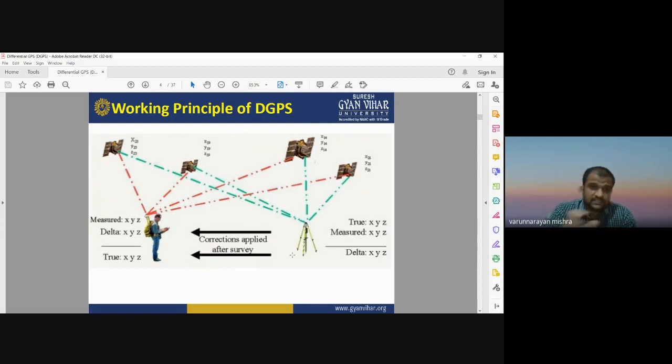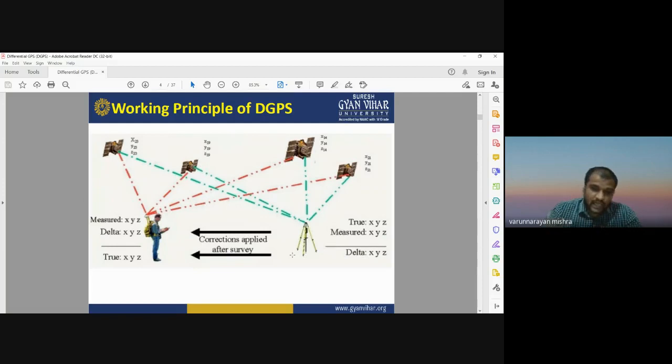So the basic principle is very simple. If you already know the coordinate of any location, then whatever signal it receives, you can easily identify how much positional accuracy there is in that coordinate, because the location is known to you.